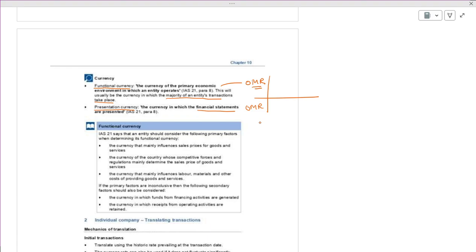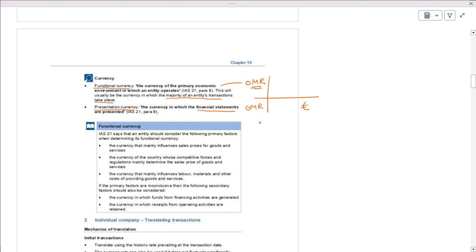Take Qatar National Bank, HSBC, Bank of Beirut, or Mercedes Benz. Benz's functional currency, if they are trading in Oman, is the Omani Riyal. But in their own country's financial statements, they will present in euros.